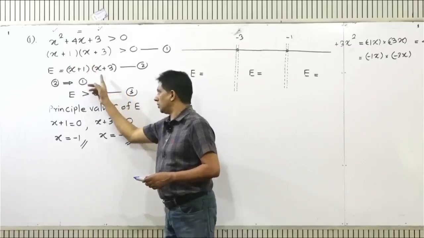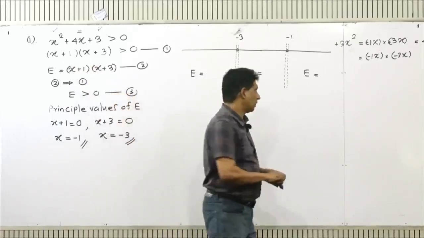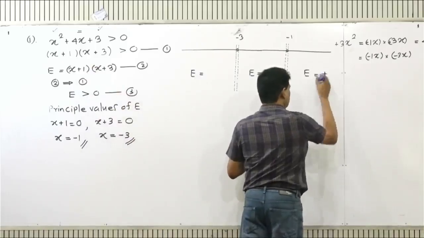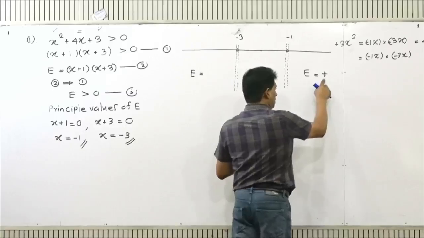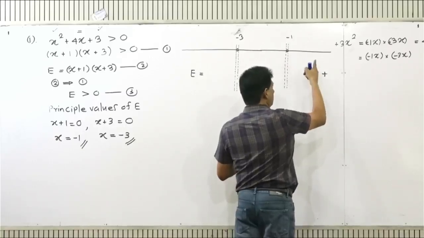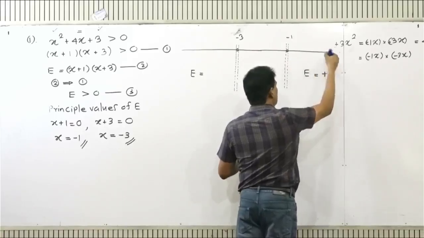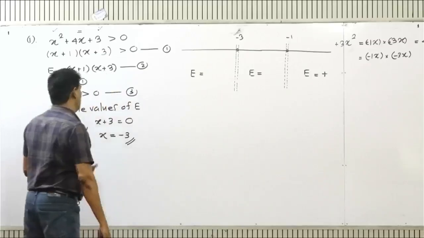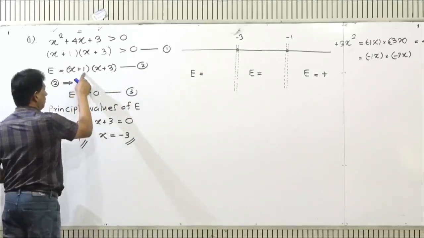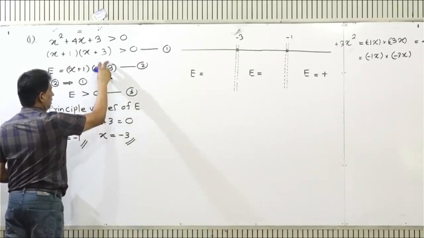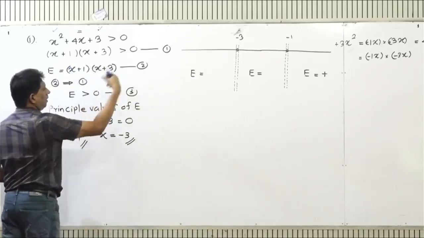Then the sign of E in this area is positive. To find this sign, we substituted 0. If you want, you can substitute any value greater than minus 1. As an example, if we substitute 10, then 10 plus 1 means positive 11, 10 plus 3 means positive 13, positive times positive is again positive.